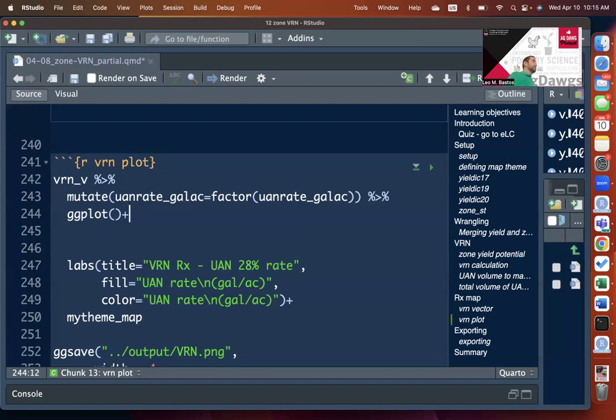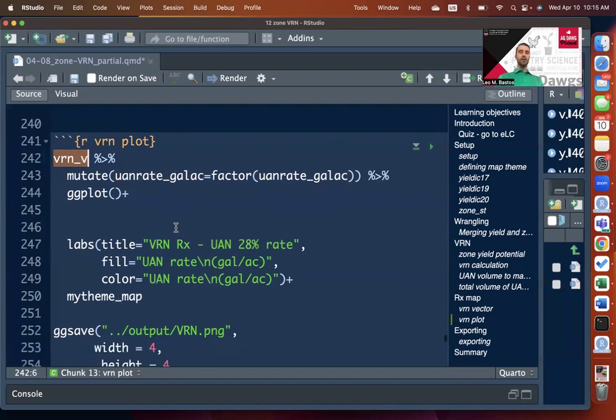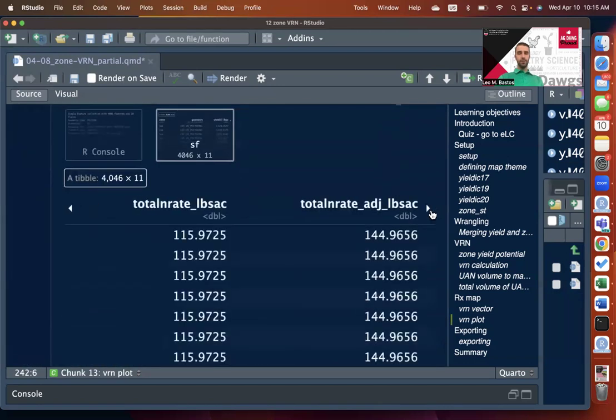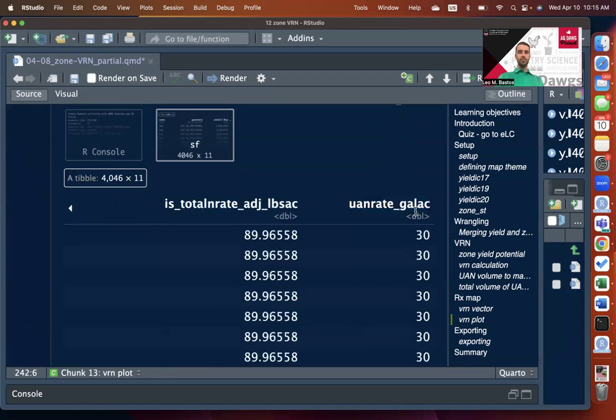So not the nitrogen rate, but the UAN rate. I'm doing a little bit of wrangling on the go here. If you look into VRNV, that UAN rate to gallons per acre column is numerical. Just go all the way to the right, that is numerical.